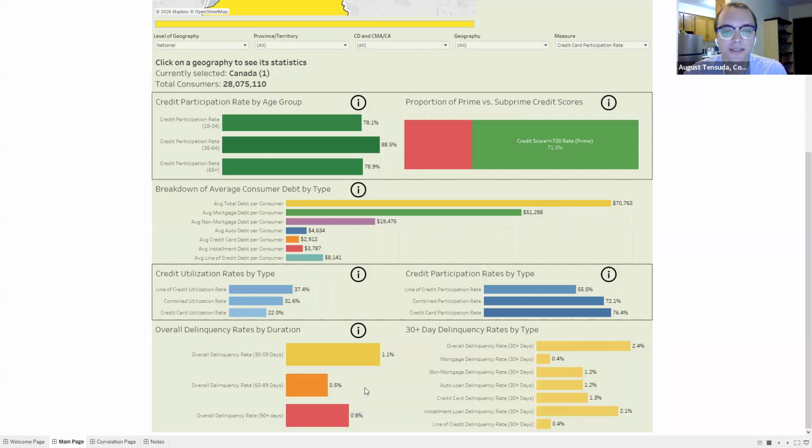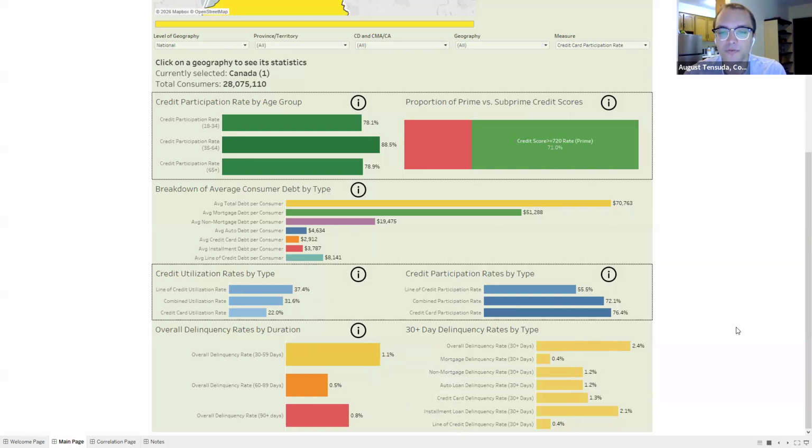They're missing payments at 30 to 59 days and at 90 plus days, but they're making the payments within the 60 to 89 days because the delinquency rate there is lower. So people are either missing it or really missing it. Probably they miss it for a month and then pay it off the next month, right? Not many people are missing it for three or more months.